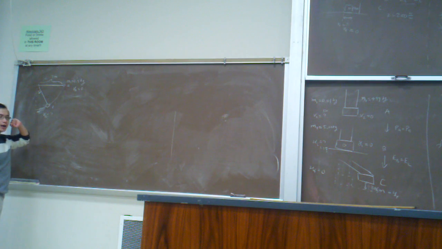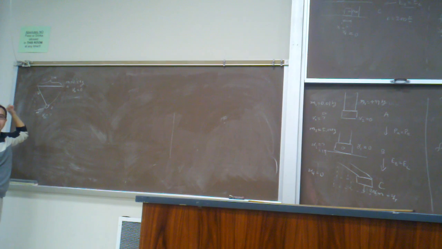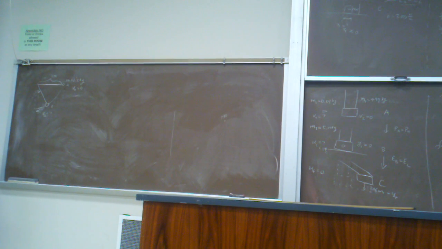And to apply this, by the way, what kind of potential energy is involved here? Gravitational potential energy. So we have to know the initial height and the final height. And you want to choose some zero reference point. Where are you going to choose as a zero reference point?